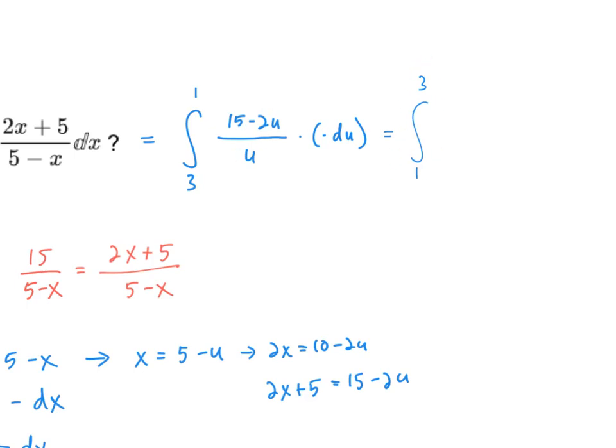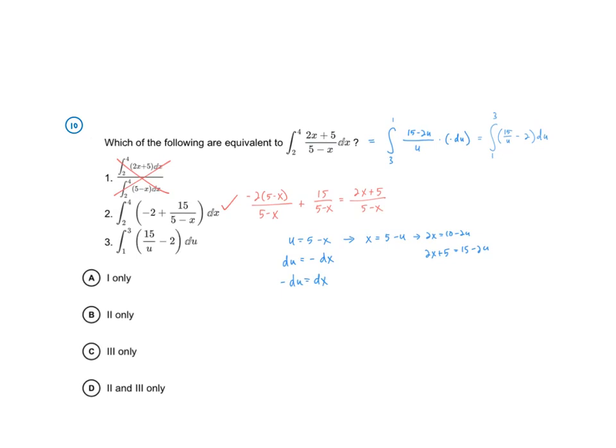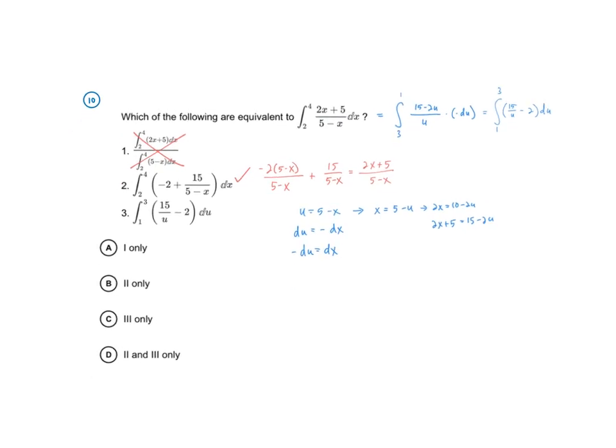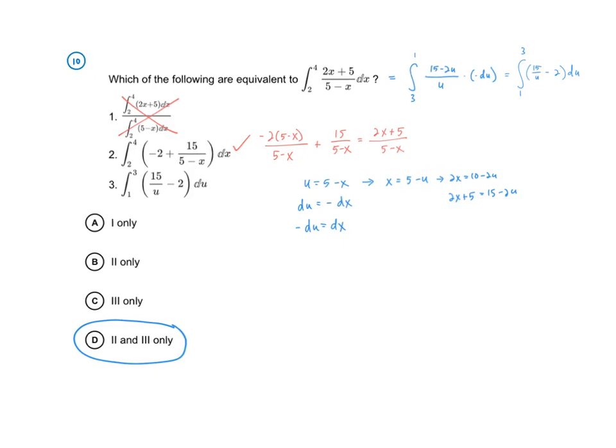And then we'll split this up also at the same time. 15 over u minus 2u over u, which is just 2. Do we get the same thing? Yeah, okay. So these two, 2 and 3, are both equivalent to the original. Okay, and so that's it.